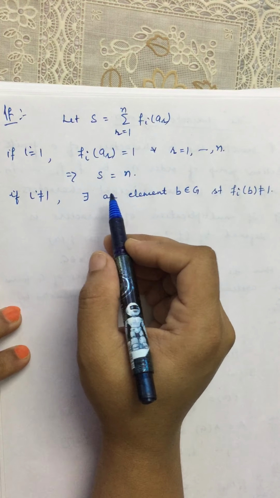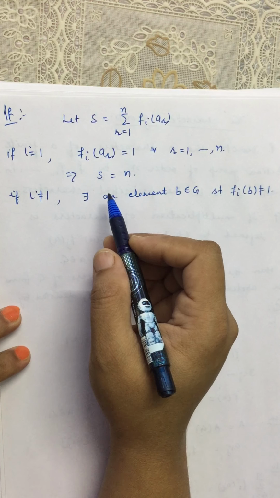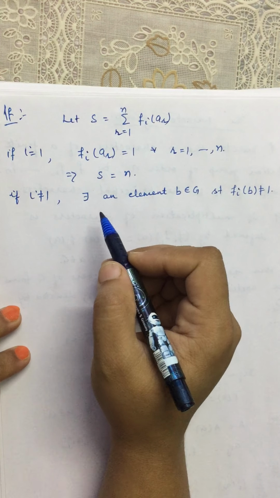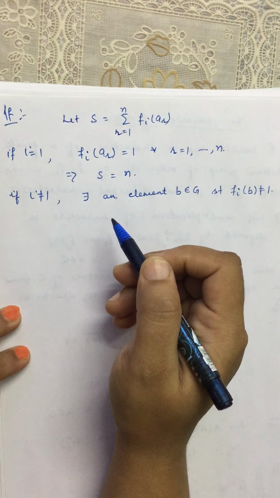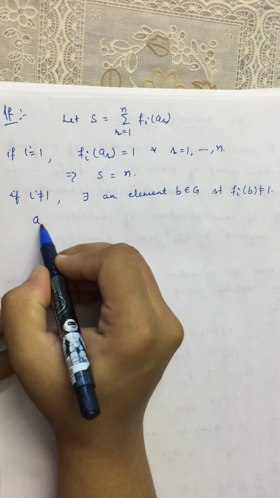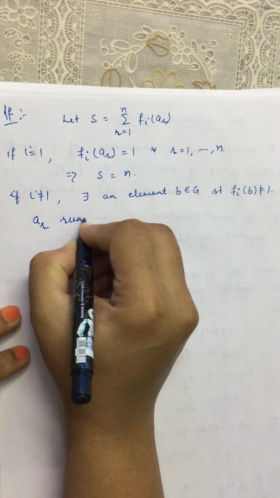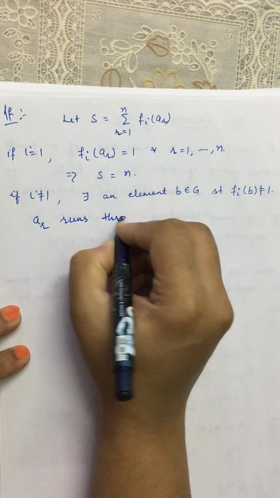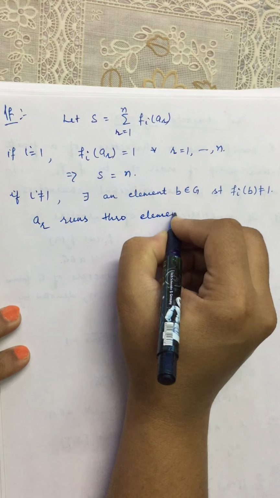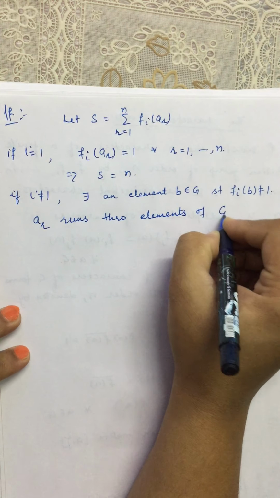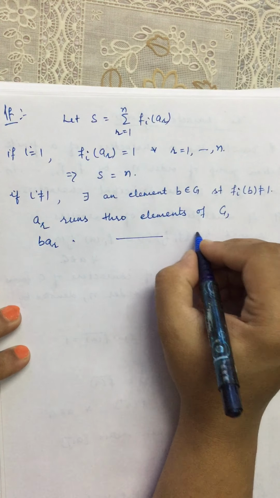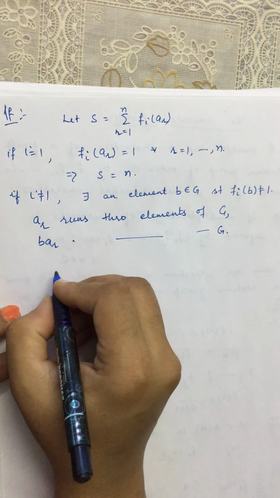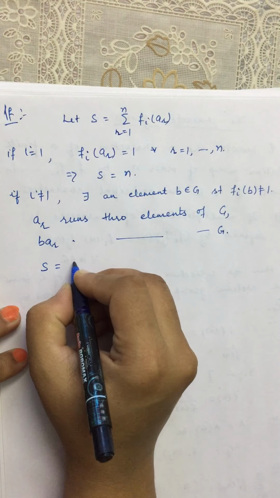Now we know a runs through the elements of G. So if a runs through elements of G, then ba also runs through elements of G. So since a_r runs through elements of G, therefore b a_r runs through elements of G.